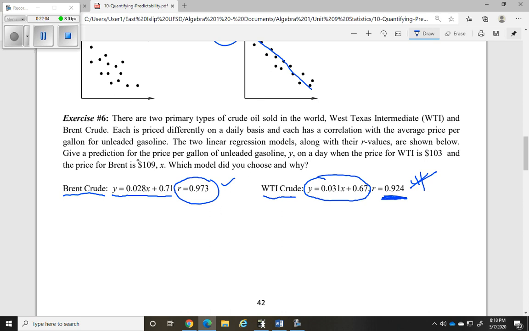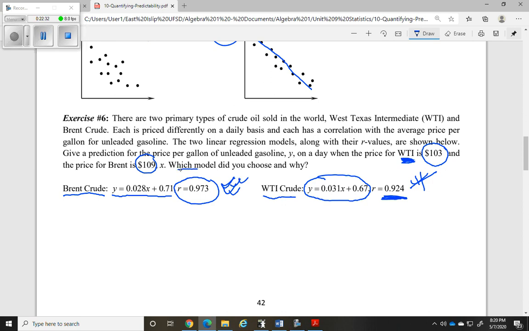Give a prediction for the price per gallon of unleaded gasoline Y on a day when the price for WTI is 103 and the price for Brent is 109. Which model did you choose and why? So I had just said that this one has a stronger R value.